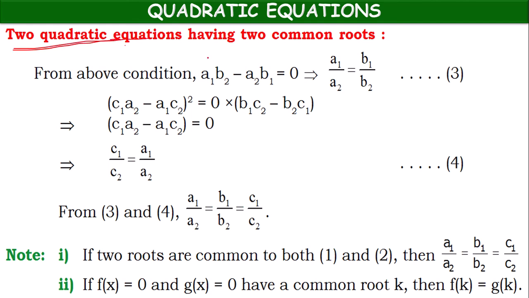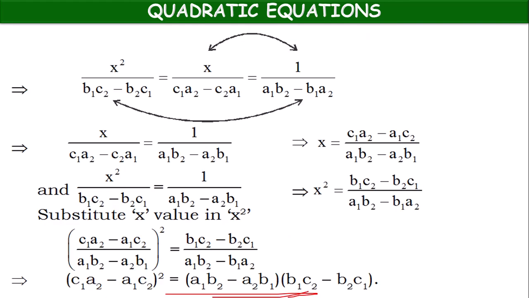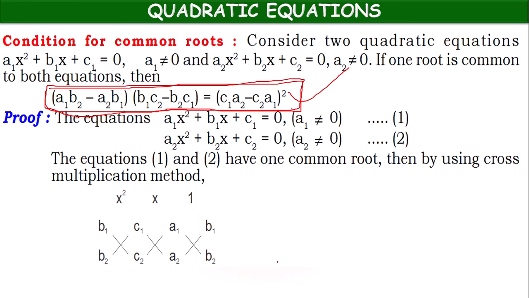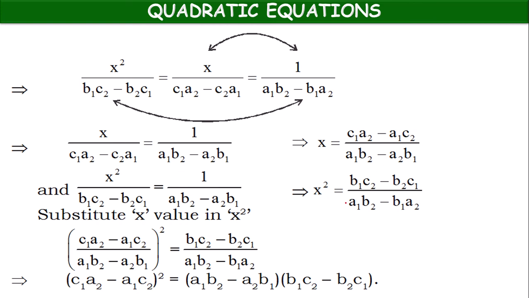Two quadratic equations having two common roots. If they have two common roots, then what, children?